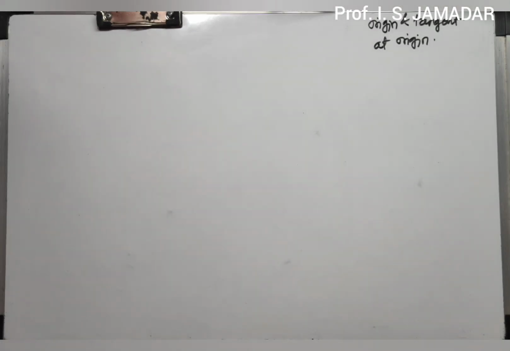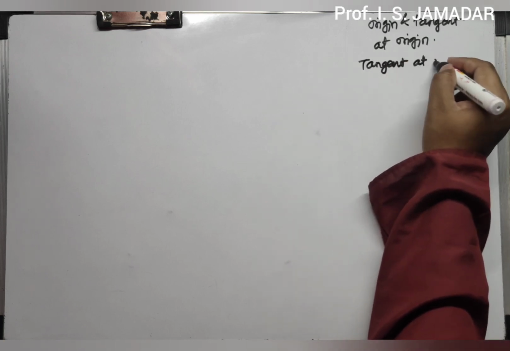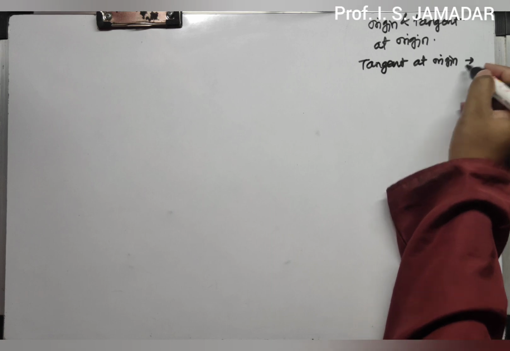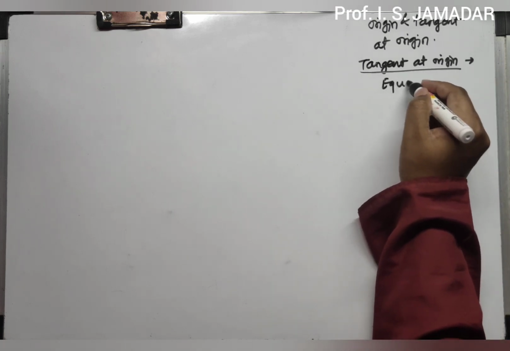For a Cartesian curve, if after putting x = 0 and y = 0 both LHS and RHS give the same answer, then that curve is said to be passing through origin. And if the curve is passing through origin, then to find the tangent at origin, what is the rule?